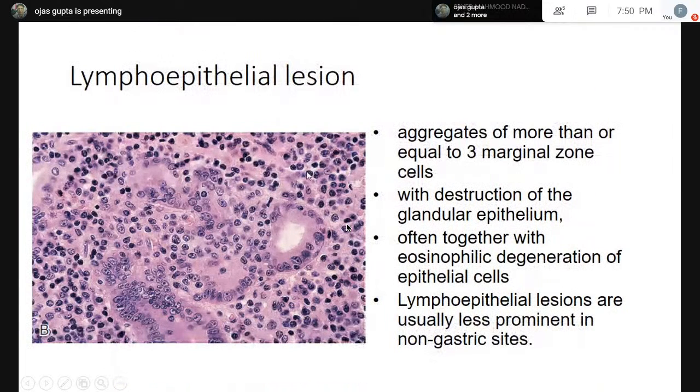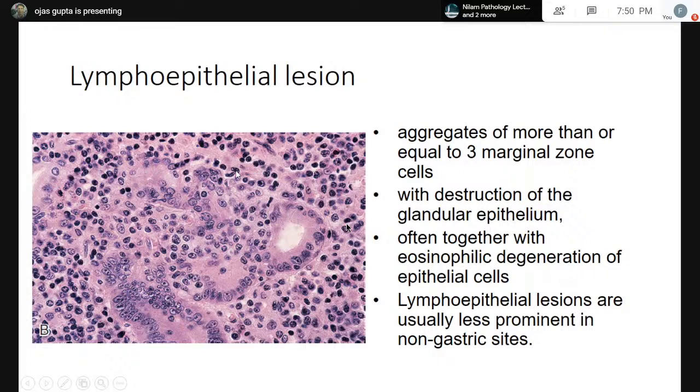On closer power, we can appreciate that these lymphoma cells comprise a polymorphous population of small cells with nuclear cleaving and hyperchromatic nuclei. These are like centrocyte cells, and there are intervening small immunoblast-like cells. Some are centroblast-like cells.